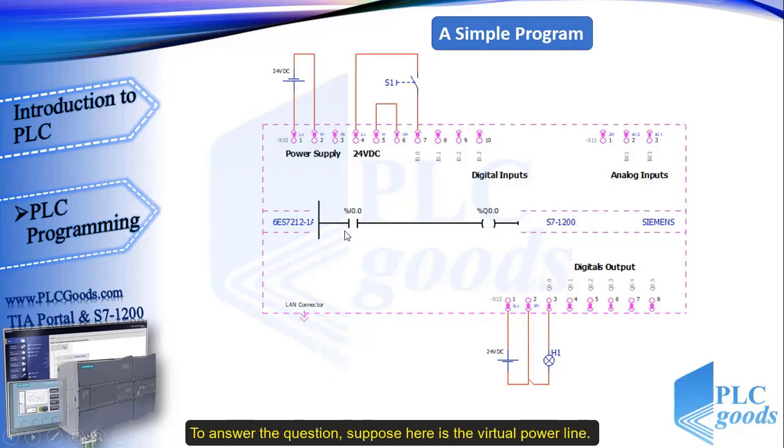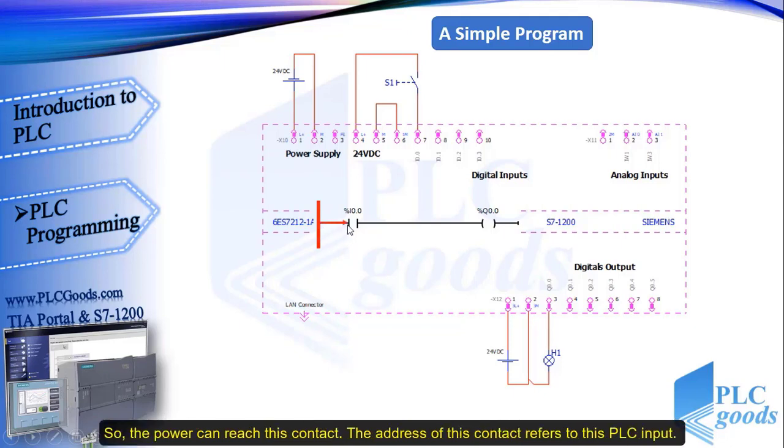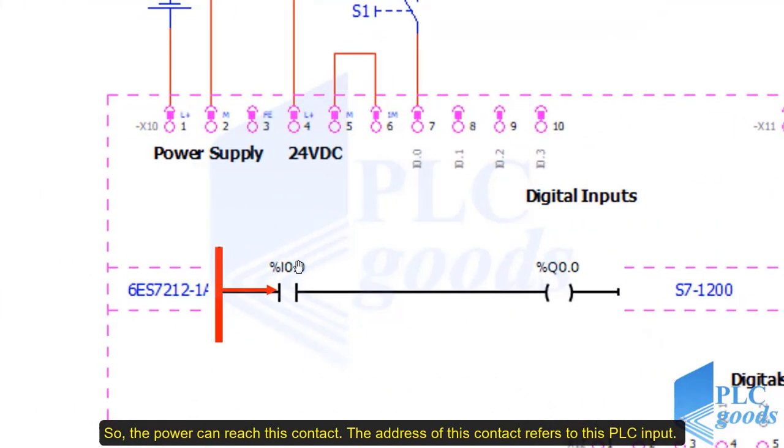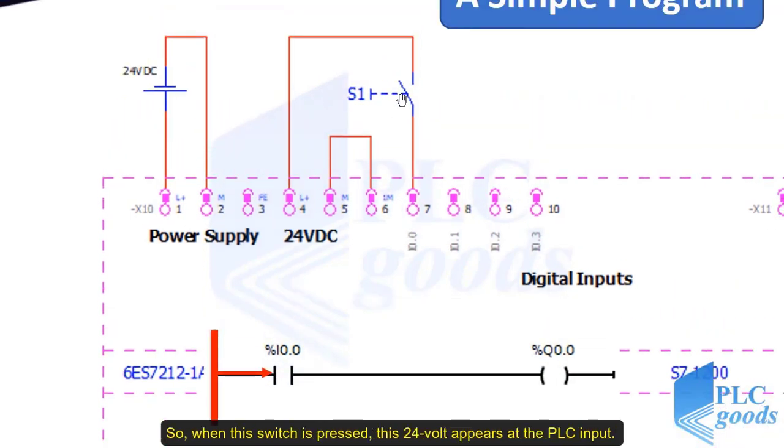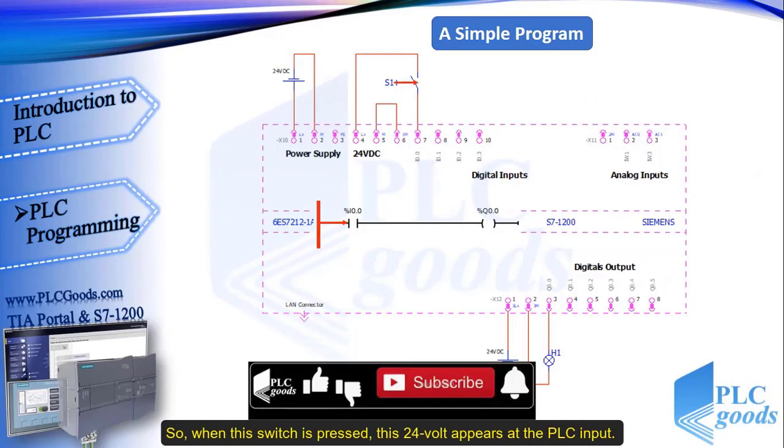To answer the question, suppose here is the virtual power line. So the power can reach this contact. The address of this contact refers to this PLC input. So when this switch is pressed, this 24 volt appears at the PLC input.